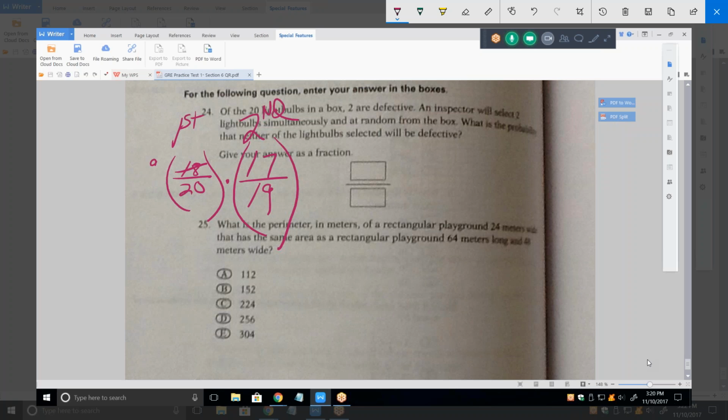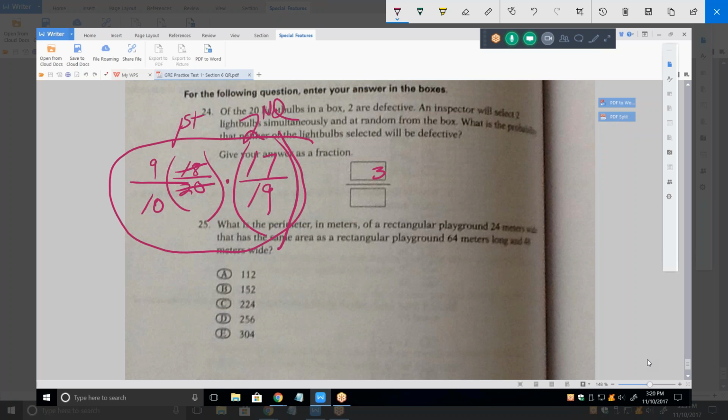That becomes 9/10, right? Right. And now 19 is a prime number, 17 is a prime number. I can't divide anything by 9 or 3, and I can't divide anything by 5 or 2 or 10. So all I got to do is multiply those together.